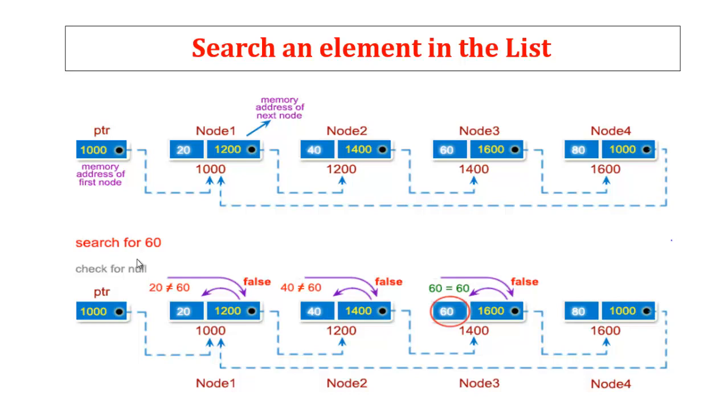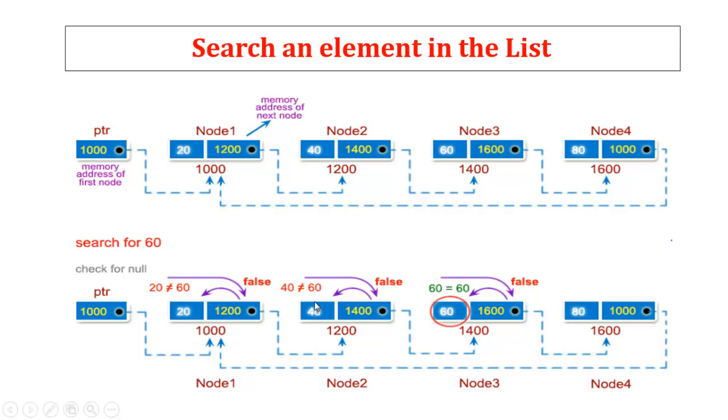Alright, here the element we are going to search is 60. Using a temporary pointer, we point to the first node in the list. That is, temp of data, which is 20, equal to 60? Condition true or false? The condition fails. If the condition fails, the temporary pointer moves to the next node. Next is 40 equal to 60? The condition fails, and then we move to the next node.